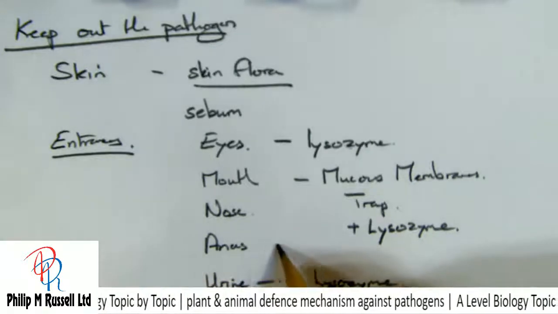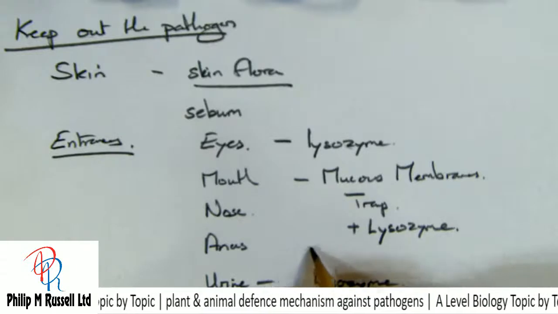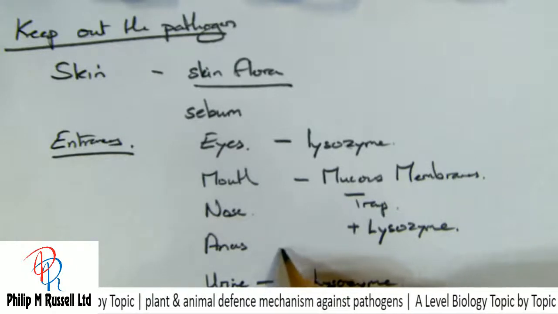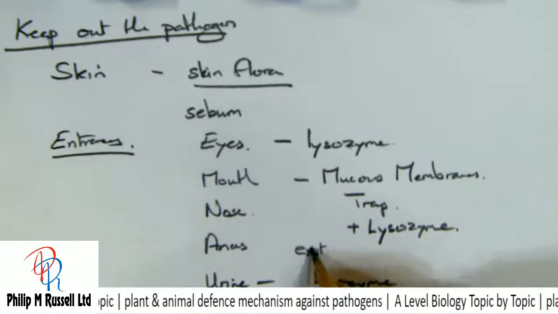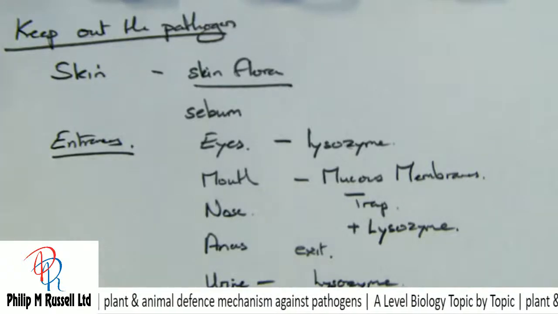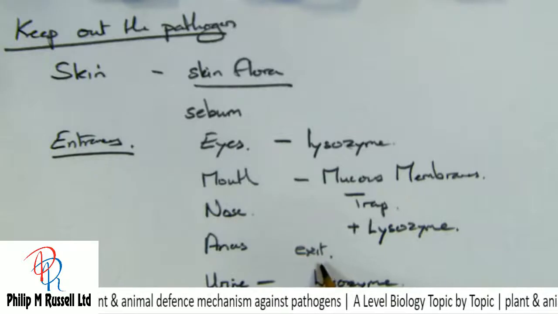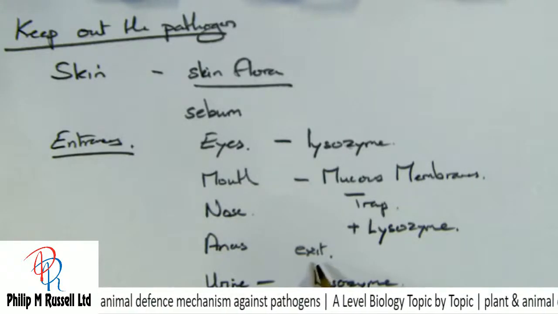If we think about the anus, it's absolutely full of all sorts of flora, but basically it's an exit, and it's hard to infect going in when lots of stuff's trying to come out.